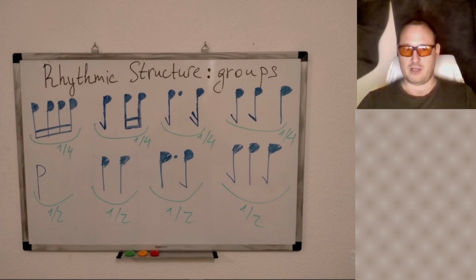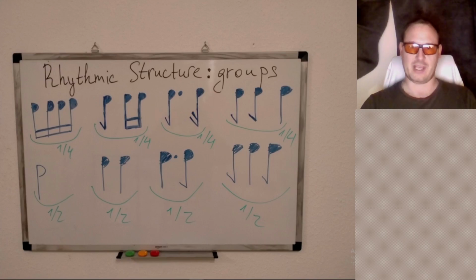There are as well groups which have duration of half of the measure, and we will use these groups to populate our rhythm, to create our rhythm. In fact, we will take these groups randomly, of course, with certain limitations, because we cannot do it completely random.